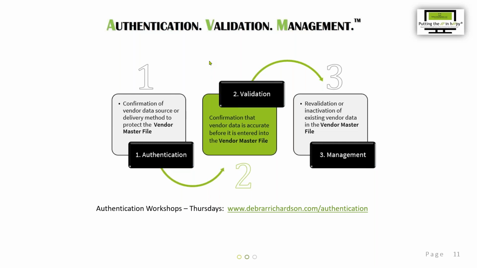And this can be requests coming in through email or through phone. Now, step 2 is validation, and this is where you validate vendor data before it's entered into your ERP, and that's exactly what we're talking about today.